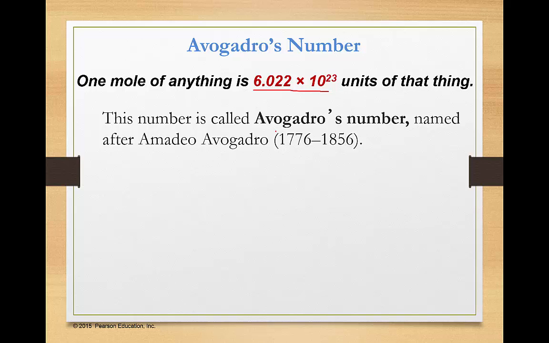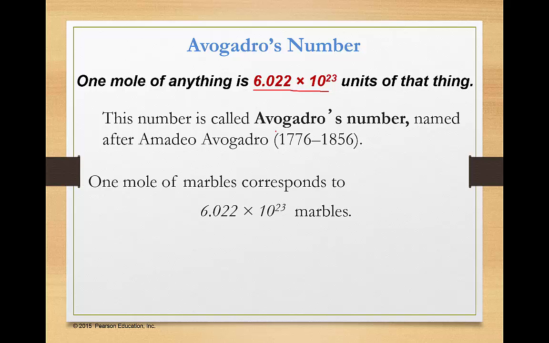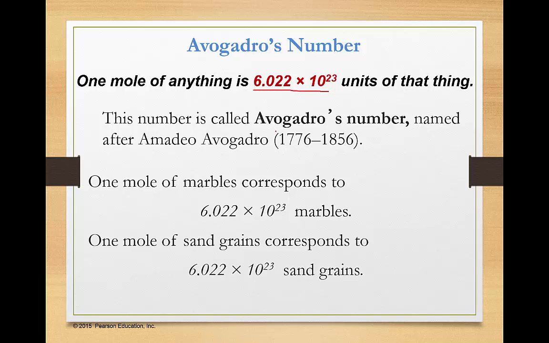Now, this is, again, a counting number. It's just a unit. So you can have a mole of anything, just like you can have a dozen of anything. You can have a mole of marbles. You would have 6.022 times 10 to the 23rd marbles. You could have a mole of sand grains. You would have 6.022 times 10 to the 23rd grains of sand. It is just a counting number. Now, where did this number come from?